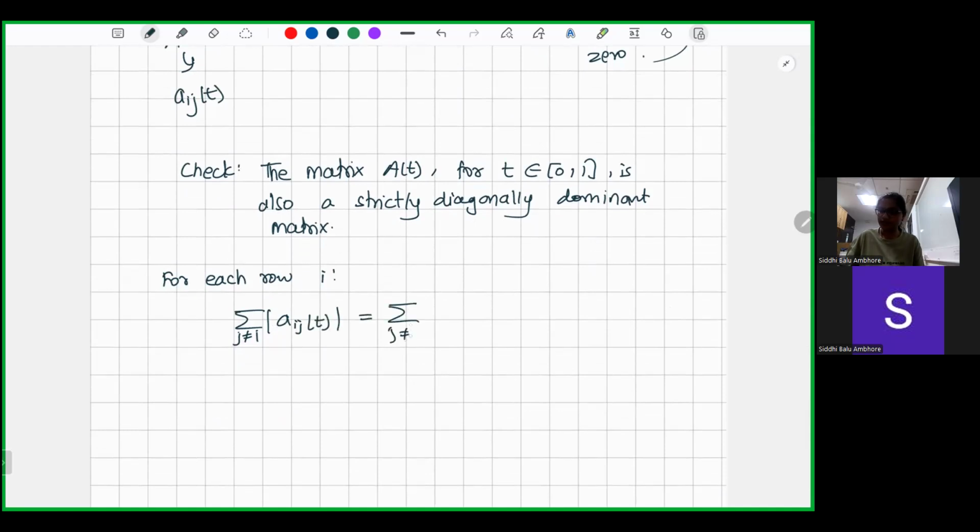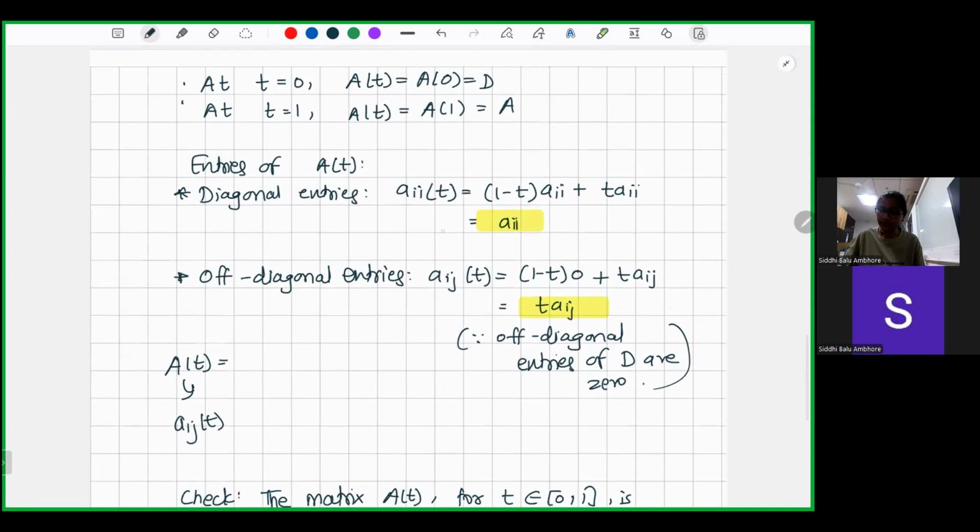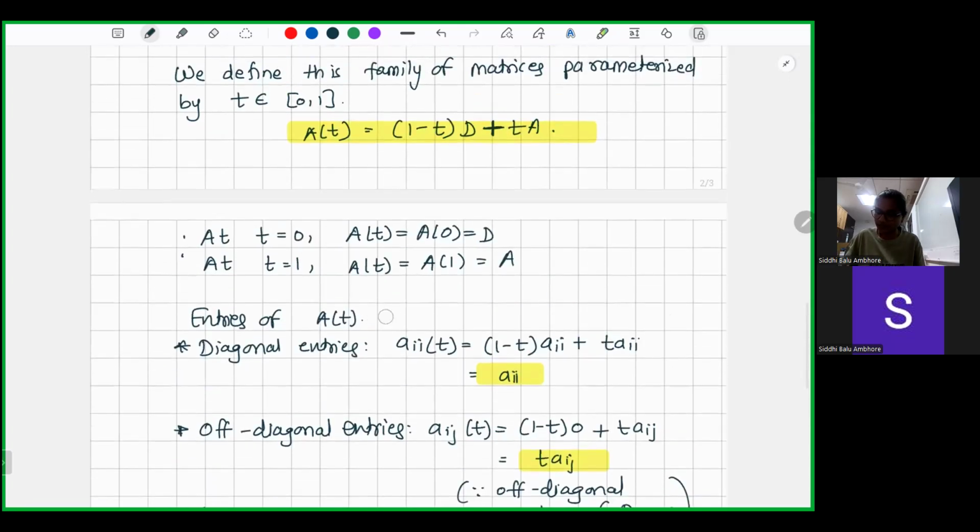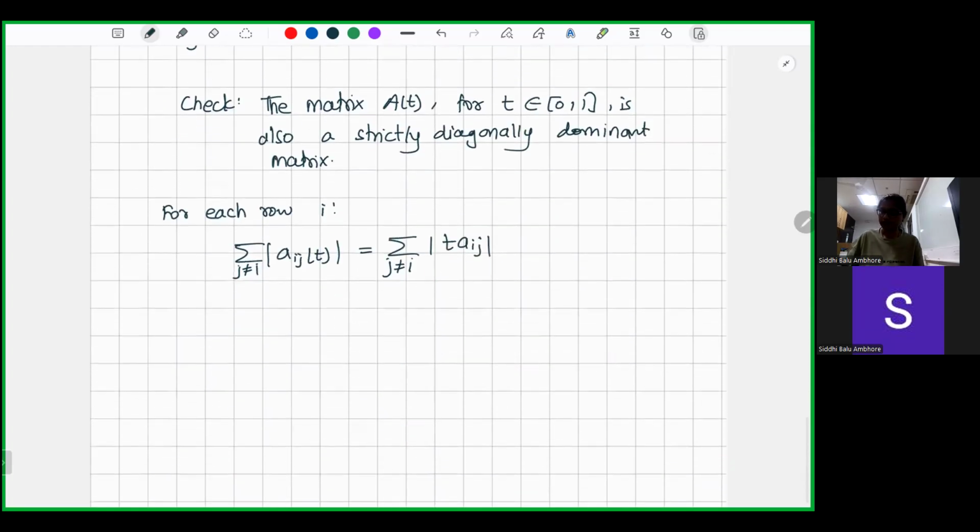That is just the summation over j not equal to i of mod of t a_ij. That's what we calculated for this a_ij(t). So when I'm writing this A_t, I'm looking at it as a_ij(t).